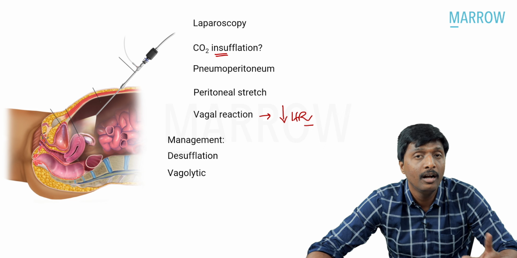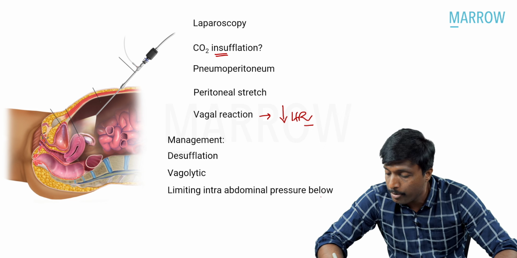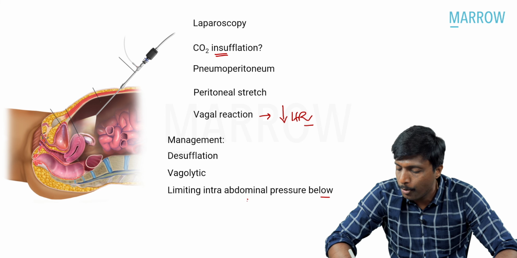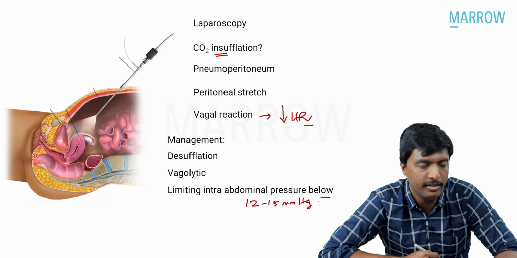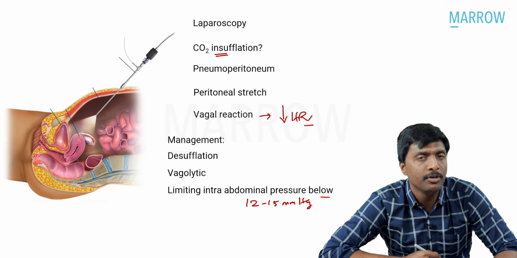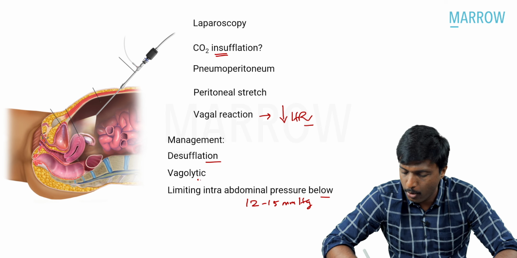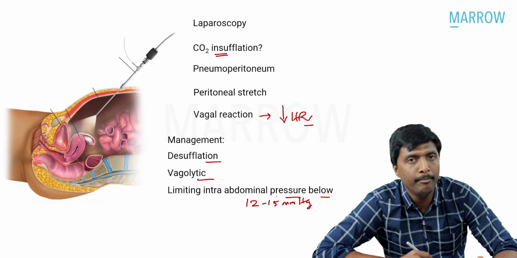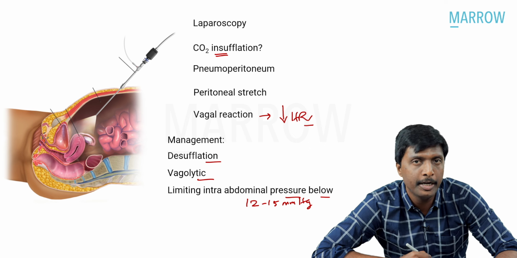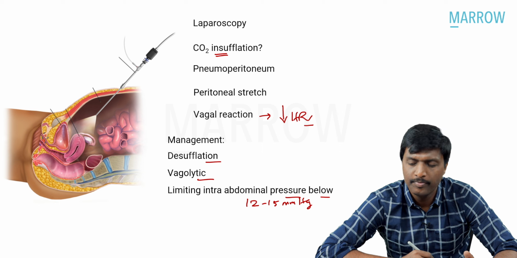And finally, a very important preventive measure: limiting intra-abdominal pressure below 12 to 15 millimeters of mercury helps to prevent this bradycardia. So if you see bradycardia, how to manage? Desufflate, give some vagolytic, or try to limit the intra-abdominal pressure below 12 to 15 millimeters of mercury during this procedure. A practical question. Yes.